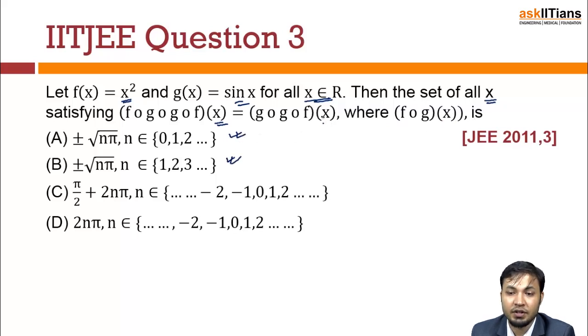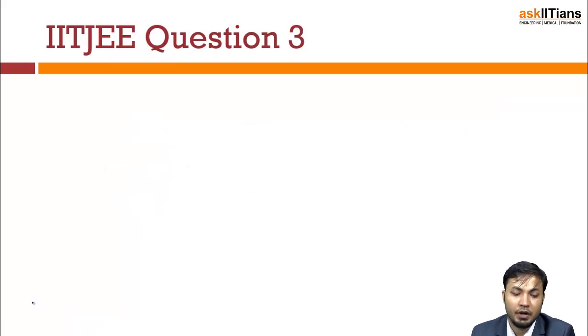I need to satisfy this condition, and this will be satisfied only for this condition. How do I do it? I start by solving this. What is given to me?